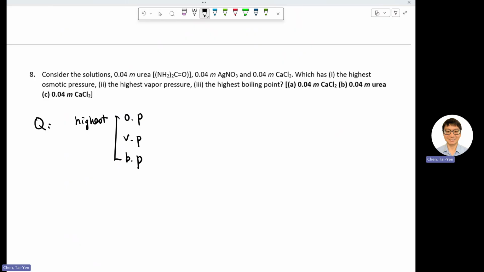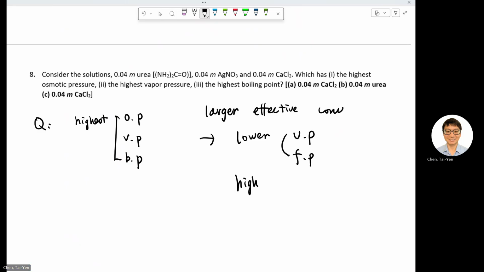And then we know the larger the effective concentration, the lower the vapor pressure, the lower the freezing point, the higher the boiling point, and the higher the osmotic pressure.